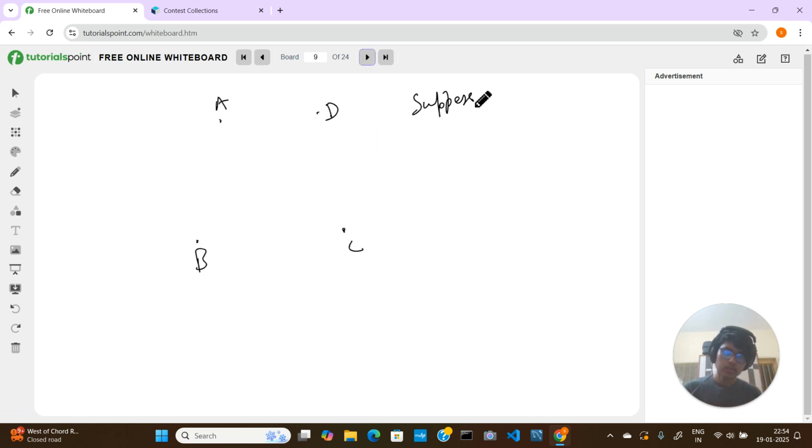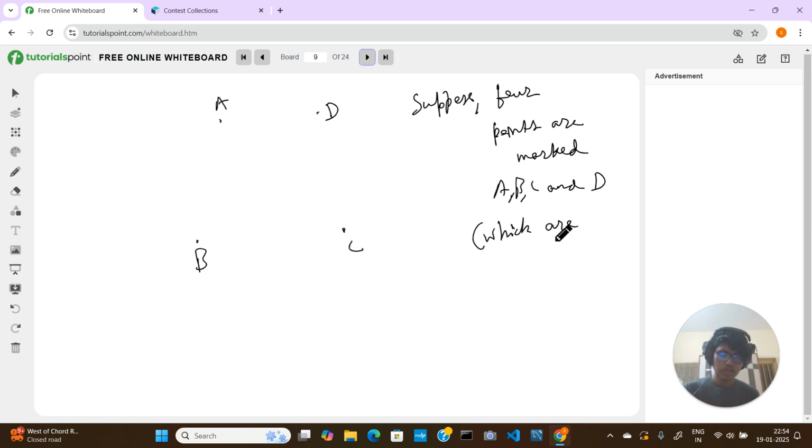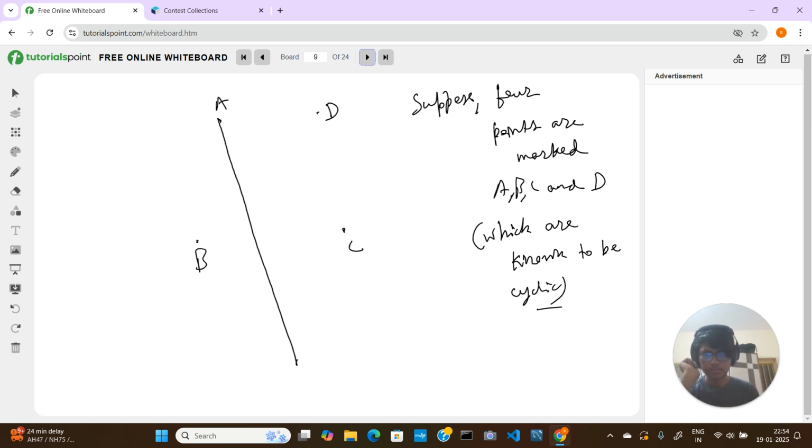Suppose four points are marked, A, B, C, and D, which are known to be cyclic. So what you can do is construct the bisector of angle BAC.